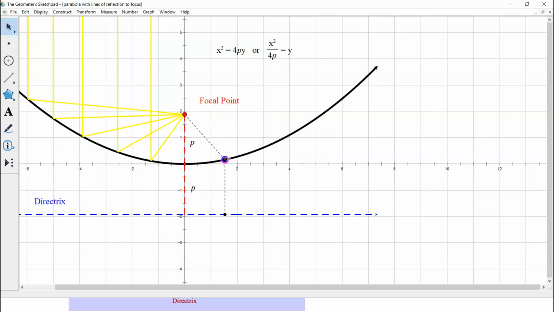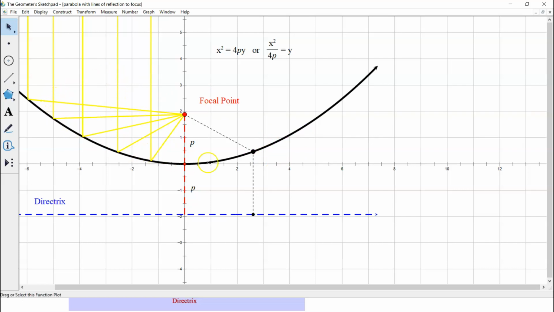Okay, perpendicular down here at the directrix, but they're equidistant. They're the same length, equidistant, no matter where you put them. And right there, of course, that is right on the vertex, and it's the same distance to the focal point as the directrix. So on the right side of this, I'm demonstrating one thing. Now I'm going to demonstrate something different on the left side of this.